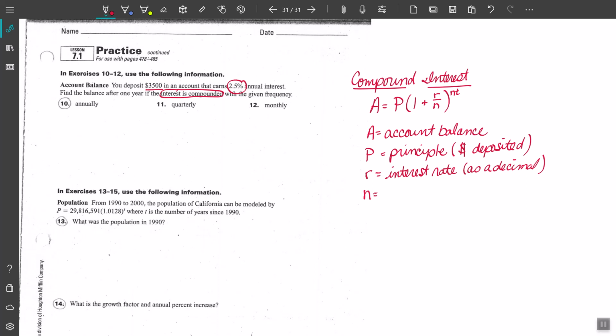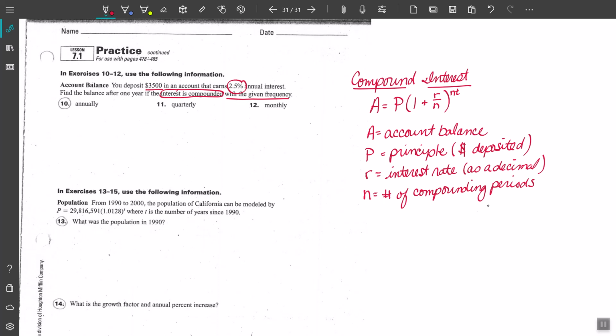Okay, so we'll do that in a minute here. N is your number of compounding periods. What that means is how many times per year they are going to compound your interest. Are they going to add it in? In number 10, they asked us to find the balance after a year if the interest is compounded with the given frequency.